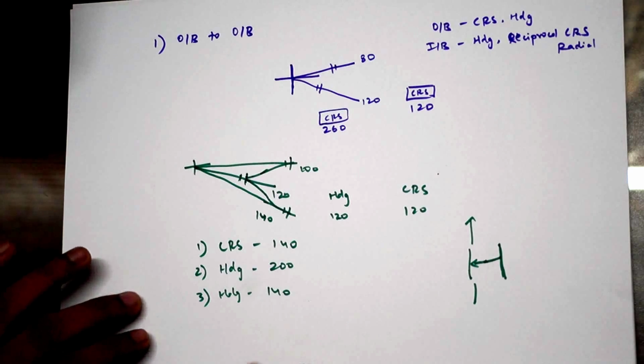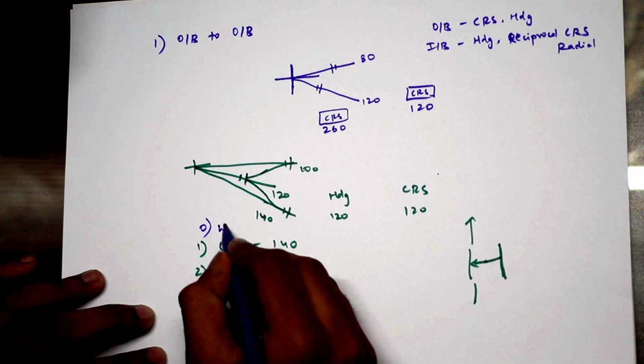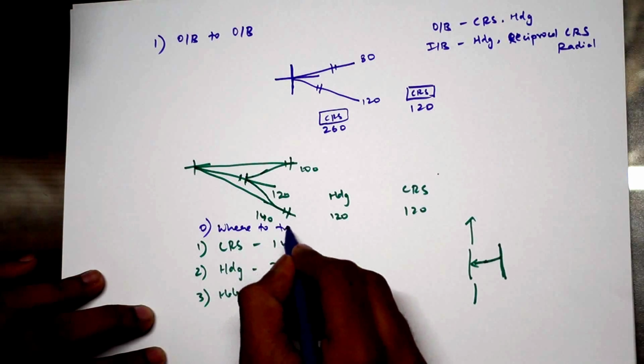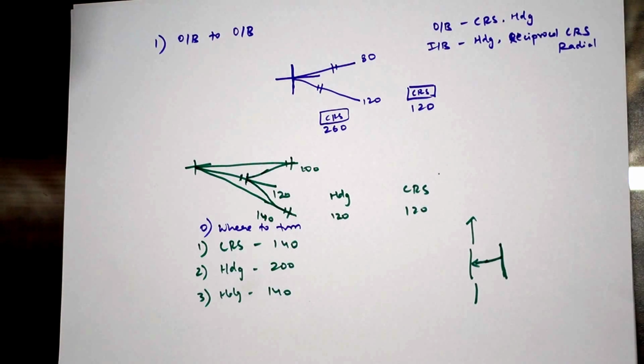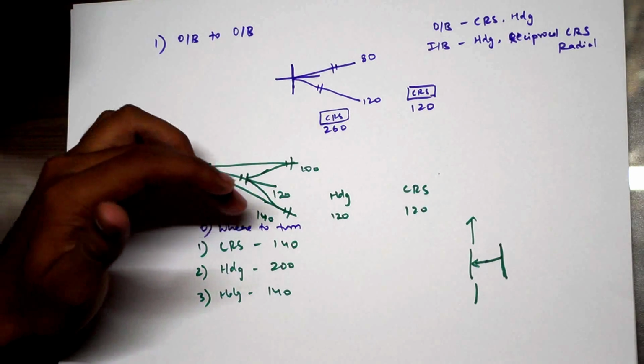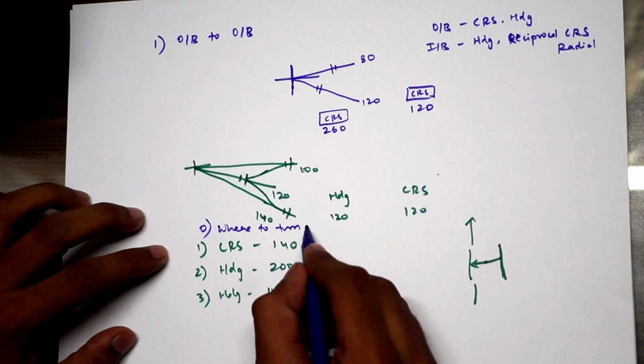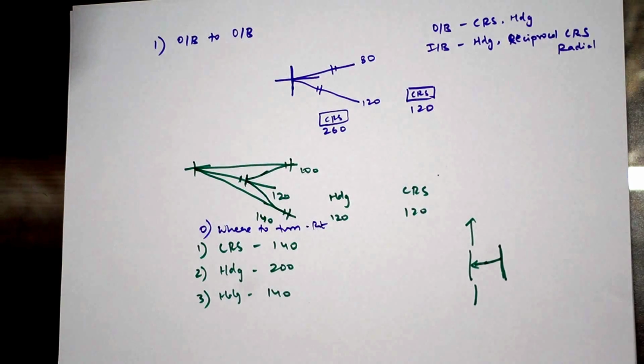The preliminary step here is to know where to turn. Where to turn will improve with your imagination power. You should know that radial 140 is towards the right of 120, so you have to turn right. We knew that it was a right turn.